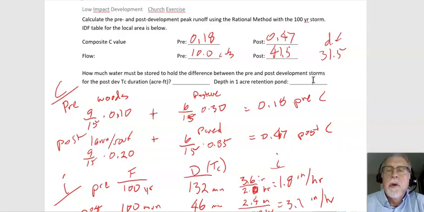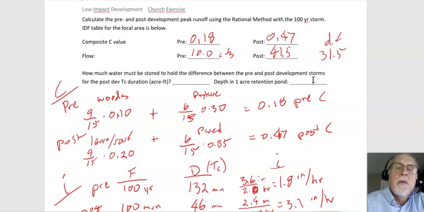We could route the hydrograph through a retention pond or something, but just to get a concept of that, this is not really how you do it, but let's calculate how much water must be stored to hold the difference between the pre and post-development storms for the post-development time of concentration duration.